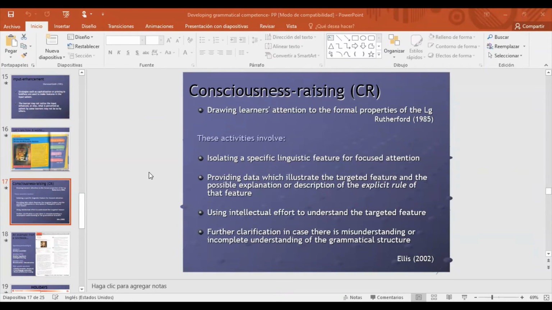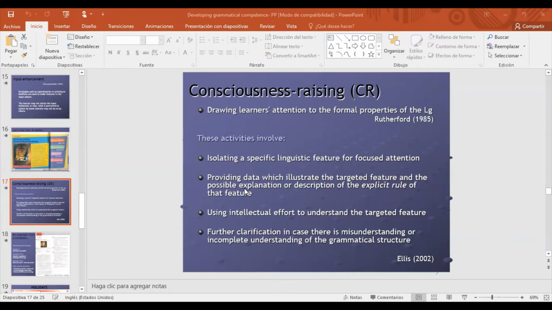So have a look at this second point, providing data which illustrates the targeted feature and the possible explanation or description of the explicit rule of that feature. So the idea is that you provide more than one instance, and from the many instances students encounter, they will be able to overtly infer the rule, right?